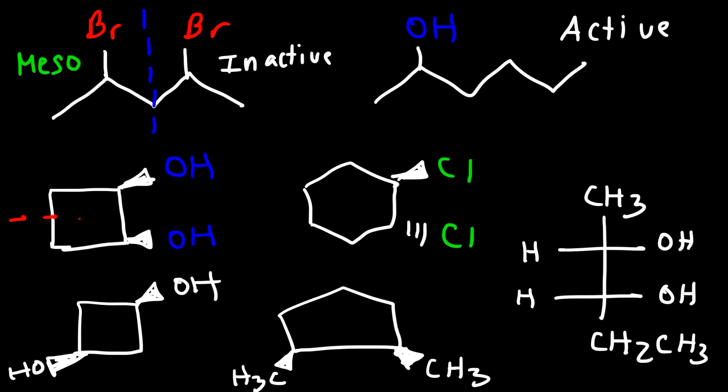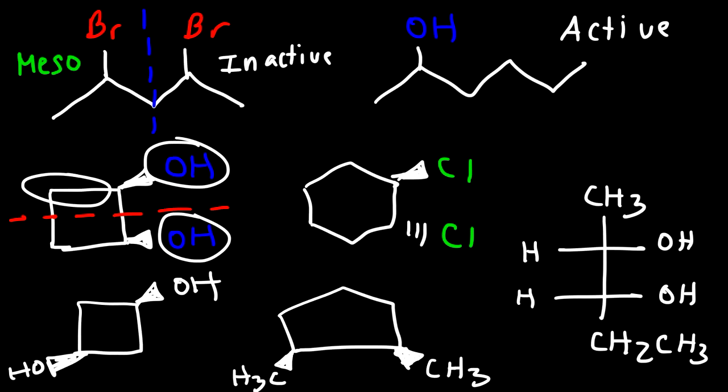Now for the next example, notice that we do have a line of symmetry. The OH groups are the same across that internal plane of symmetry, and the same is true for these carbons. So therefore, this is a meso compound, and whenever you have a meso compound, you have an achiral molecule.